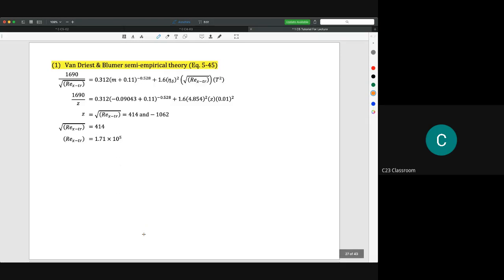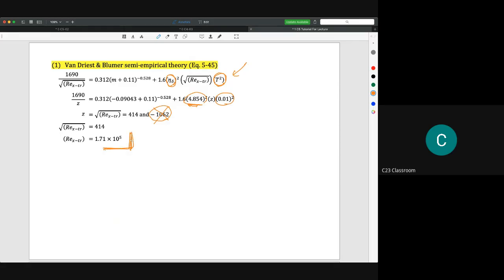Okay, so now we are using the Van Driest and Blumer correlation. We have the equation here, so we substitute the value of turbulence, which is 0.01, and the value of eta delta here, which is 4.854. We calculate everything and we have two values here. We neglect the negative answer, so we get 1.71 times 10 to the power of 5.